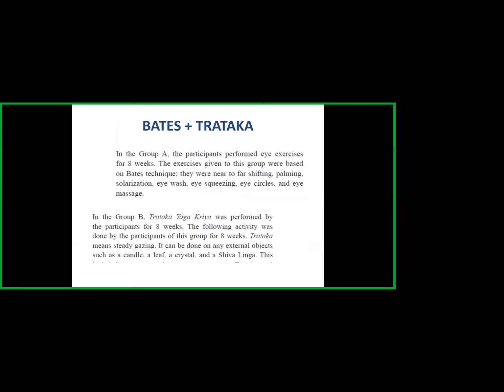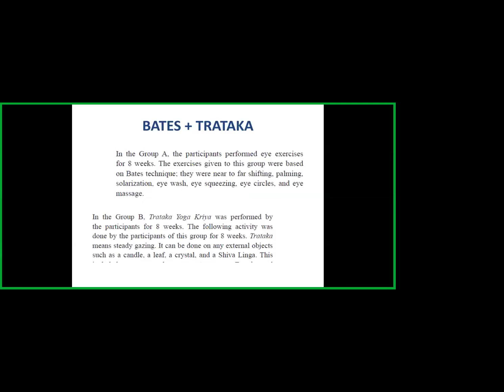In the mother article, in group A, the participants performed eye exercises for 8 weeks. The exercises given to this group were based on the Bates technique of near to far shifting. How to do near to far shifting: the patient will be standing behind the iron rods of a window, focusing on a distant object, either a tree or a house.